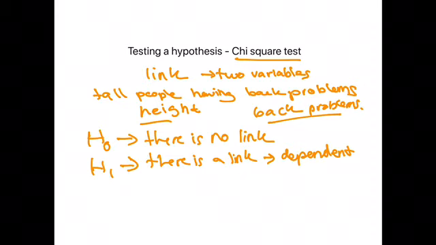So in order to start our chi-square test, the first thing that we need to do is to randomly sample a group of people. So let's say that in a whole country, we randomly sample 100 people and get their height and whether they have back problems or not.